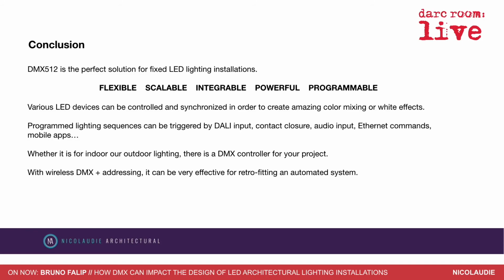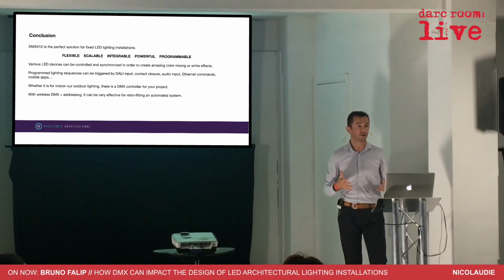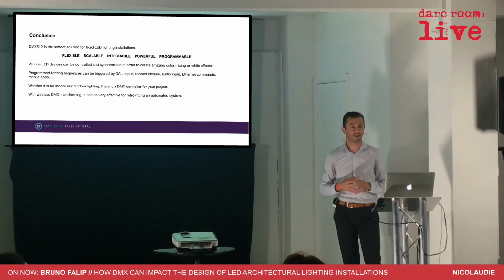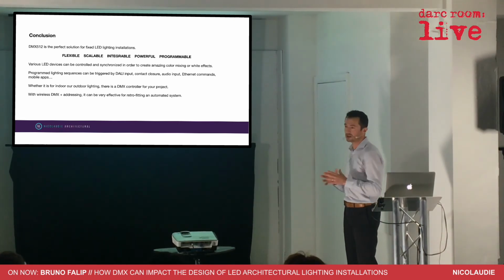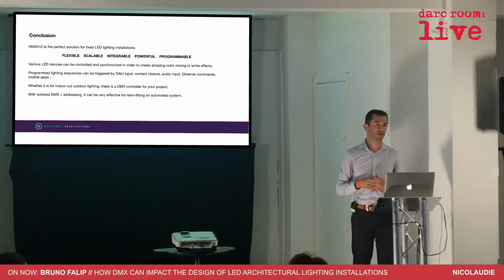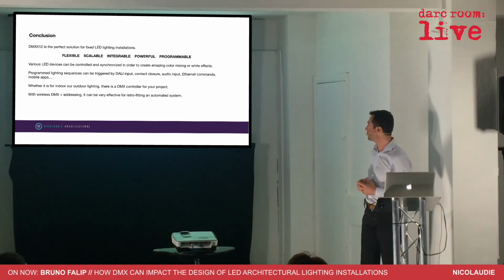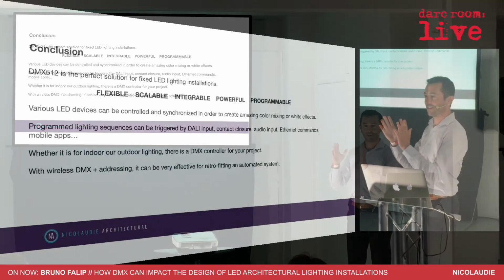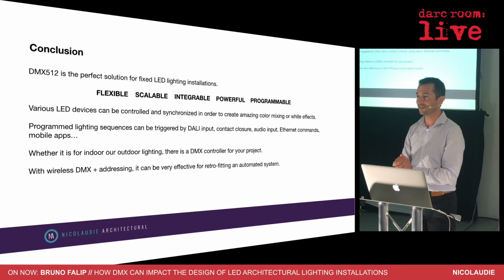It is possible without wireless DMX as well, but again, wiring is the thing that has to be done properly in order to have a nice DMX installation. As long as DMX wiring is done, there is a DMX control solution for your project. So again, DMX, wires, and that's it. Thank you very much.